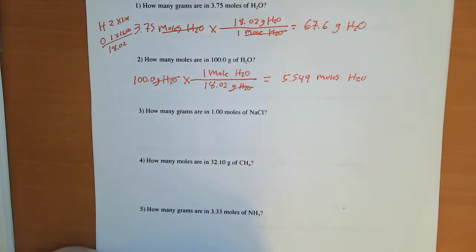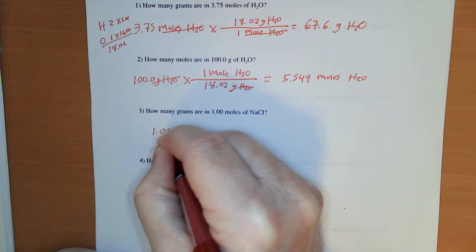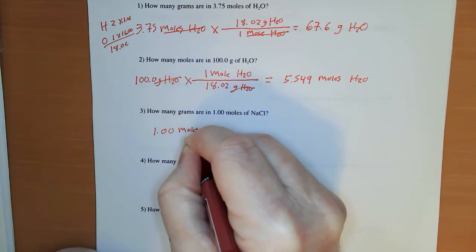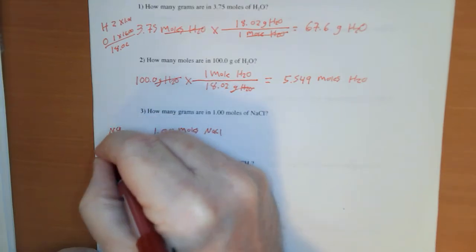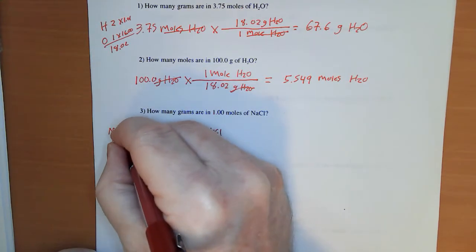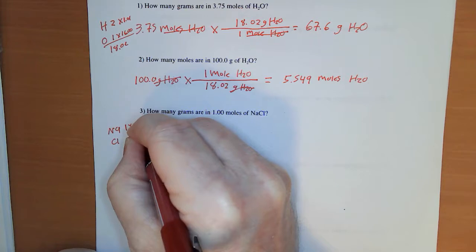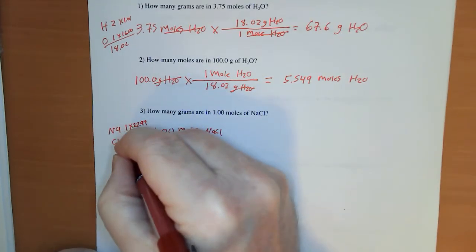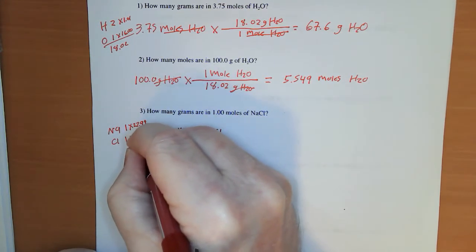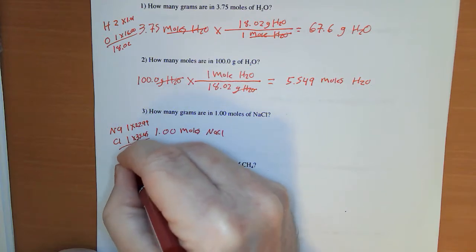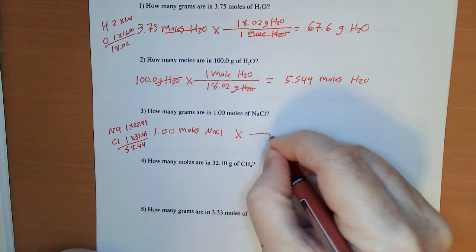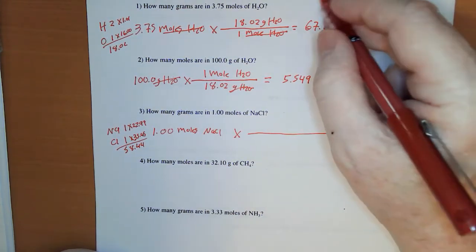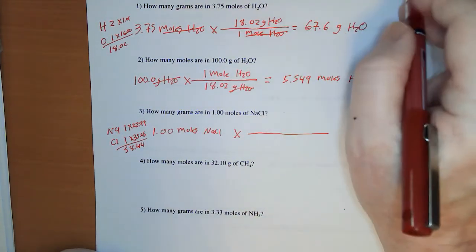How many grams are in 1.00 moles of NaCl is our next question. So 1.00 moles NaCl. Okay, new compound, sodium, chlorine, 1 times, and my periodic table says 22.99 for sodium and 35.45 for chlorine, and that gives me 58.44. So I am multiplying by the molar mass when I go from moles to mass.